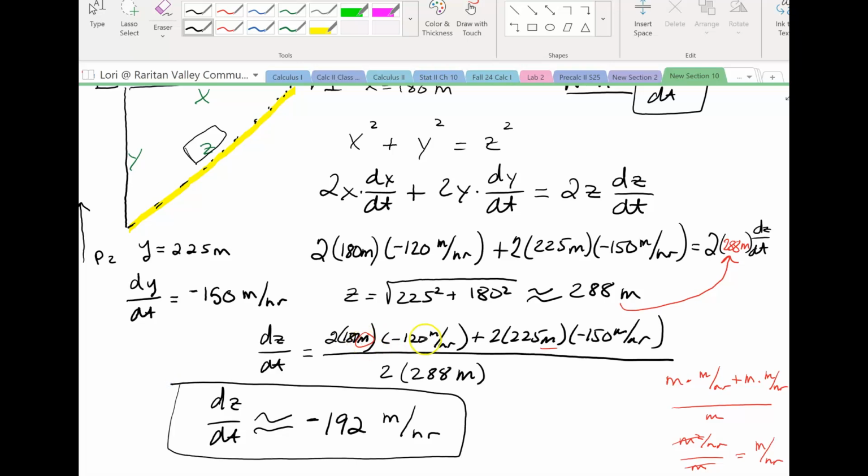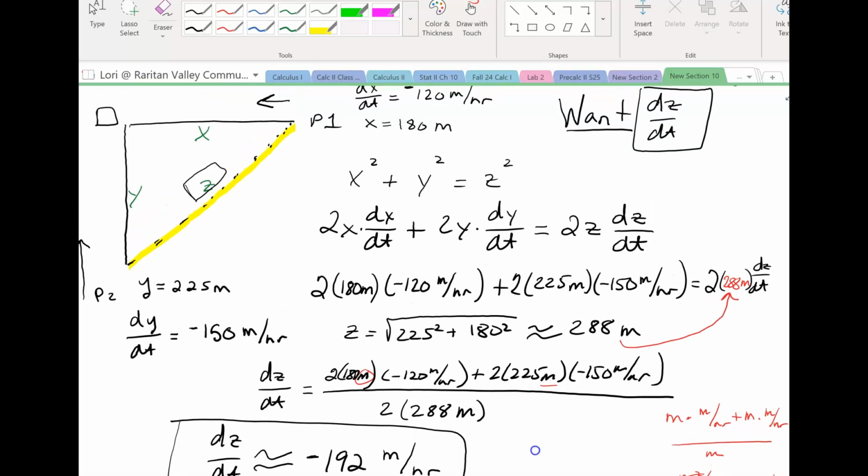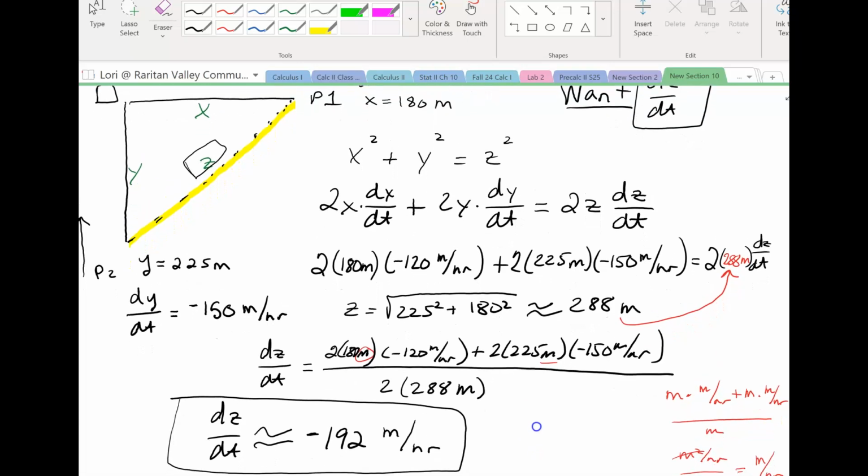So even though you got miles times miles and you end up with miles squared, that miles squared goes away when you divide by the miles. So we're good. And that is a reasonable distance that it is decreasing. We got negative, which is what we expected to get for that particular problem.